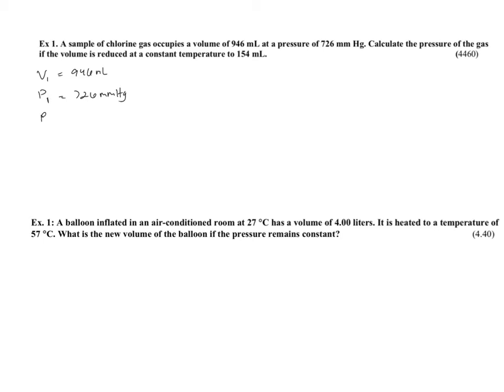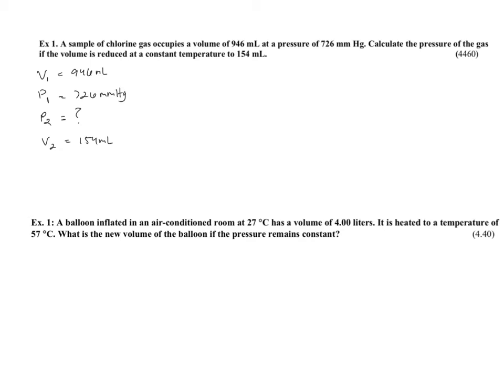And then it says calculate the pressure, so it's a new pressure, P2, if the volume is reduced to 154 milliliters. And here's where it's good to be able to check your answer, knowing the logic. We know that Boyle's law has an inversely proportional relationship. So here, the volume is going down from 946 to 154, so the pressure, being inversely related, should go up. It should be something higher than 726 millimeters of mercury.